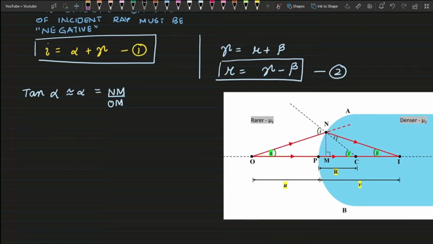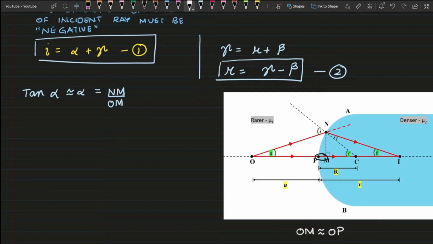Now students, this distance, if you can see, OM and OP, will be nearly equal because I can ignore this distance. This is a very small distance. In the figure it looks a bit bigger, but in reality, if these angles are small, I can neglect this distance. So in place of OM, I can write OM will be approximately equal to OP. This is what you have to keep in mind, because these distances are very small.